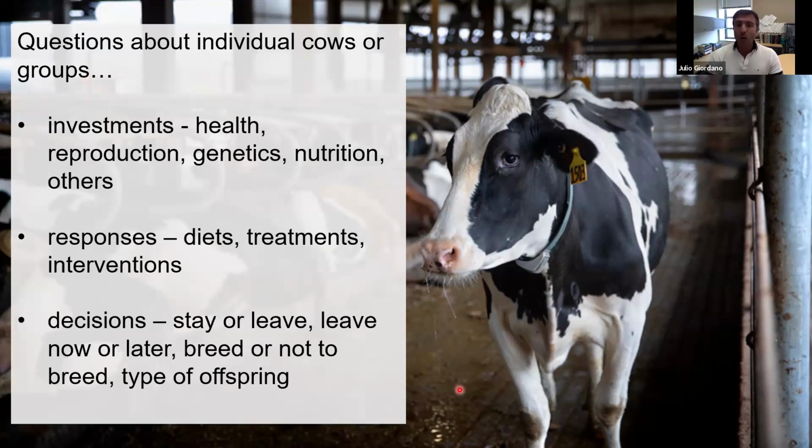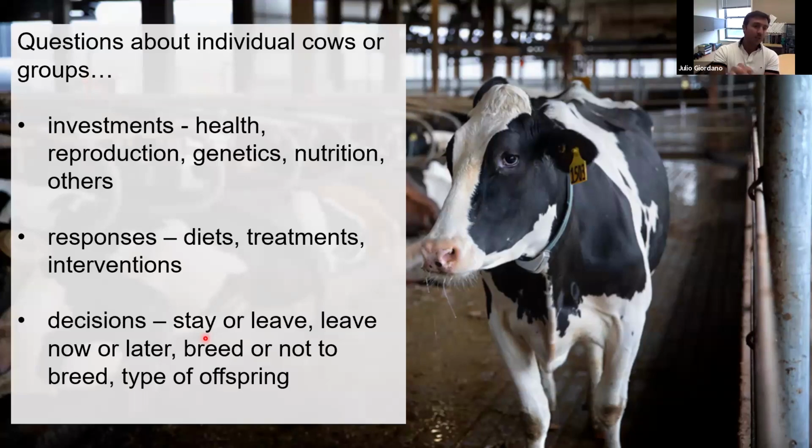It would be possible to evaluate responses to changes in management or certain practices, evaluate diets, evaluate the effect of treatments and specific interventions. And of course, decisions at the individual cow level, such as keeping or letting go of a cow, getting a cow out of the herd today or waiting.